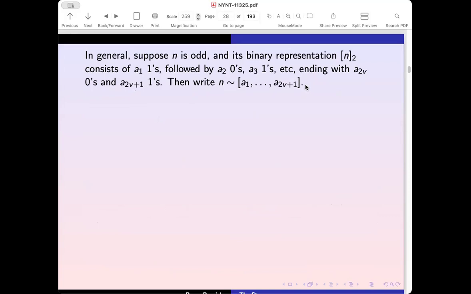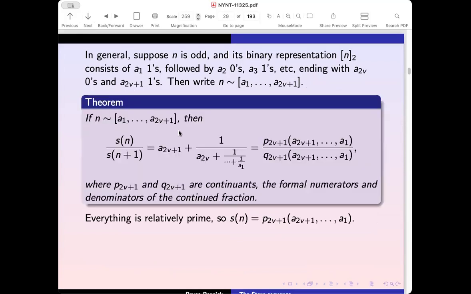Now, I'm ahistorical here because even though binary existed in the 19th century, it wasn't a very prominent feature of mathematics, but it does make things easier. Then this is the theorem. If n is given in this way, then S of n over S of n plus 1 is the formula you get from reversing the order of the denominators. This is the way to calculate S of n and S of n plus 1.